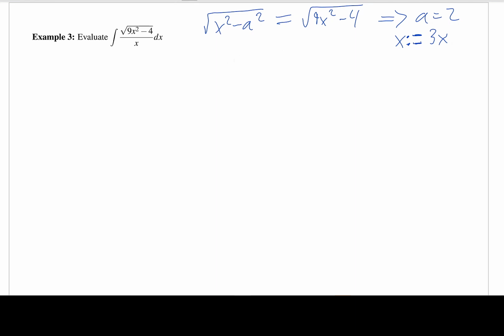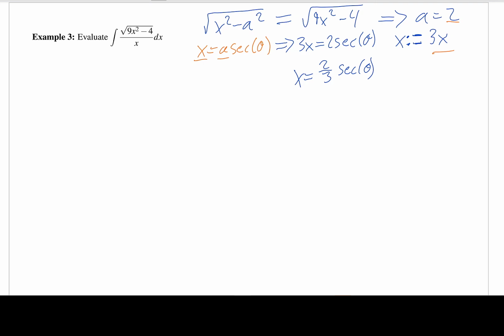So our substitution here is that we're supposed to have x equal to a secant theta. And so now I'm going to replace this x and this a with what we found over here. So then we're going to have 3x equal to 2 secant theta. And so now my goal is to get x alone. So we'll have x equal to 2/3 secant theta.